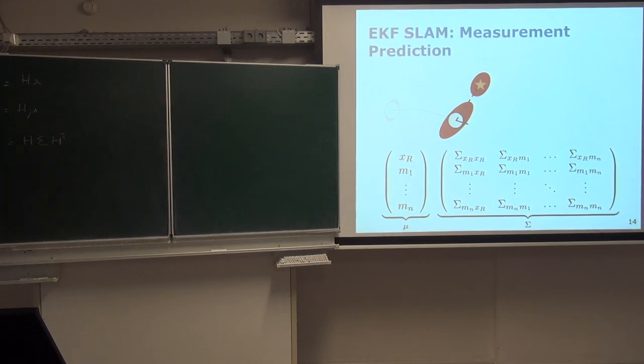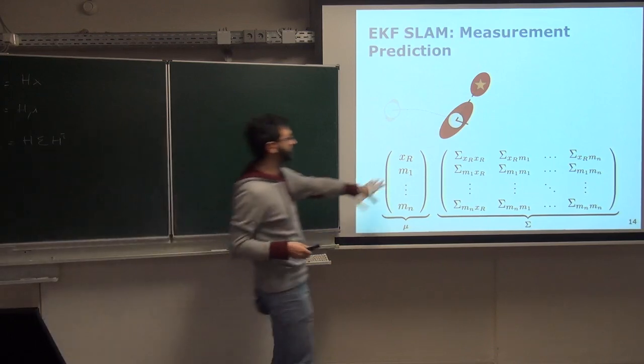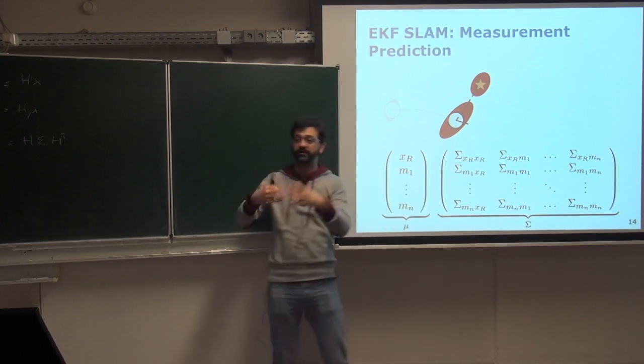Okay? So that's how we propagate the measurement with respect to this random variable here. We have a linear function and a random variable, this is again a random variable, and we propagate it in this way. That's what's called linear error propagation. This propagates the uncertainty in a linear way, and this propagates the mean in a linear way. And that's what is going to happen here. So these matrices are not touched; they're just used as input for the prediction.